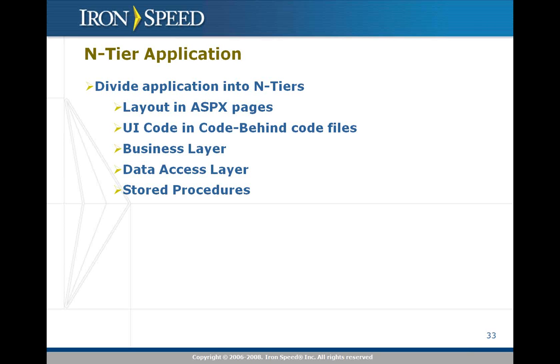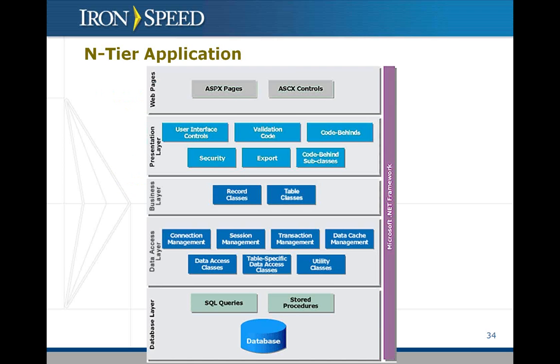The UI code is going to be in the code-behind files for each one of the ASPX pages. And then, of course, you have a business layer, a data access layer, and stored procedures. So a typical application might look like this, where you've got the web pages, and that constitutes all of your UI layer.